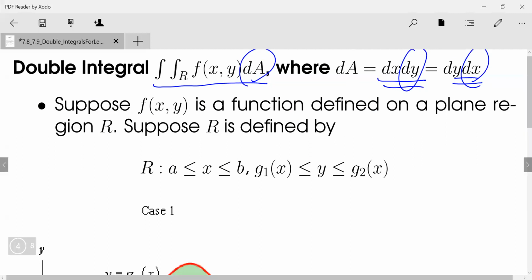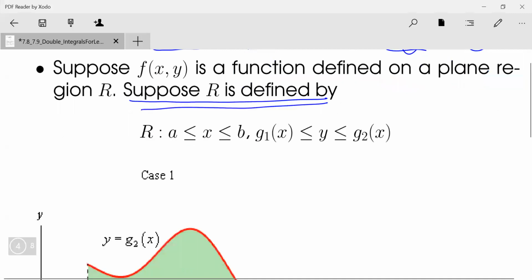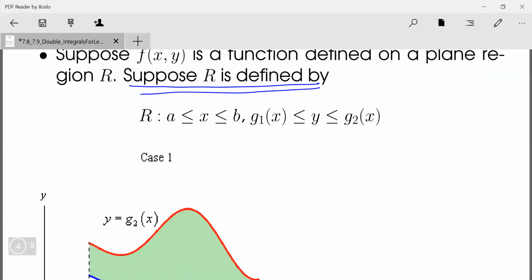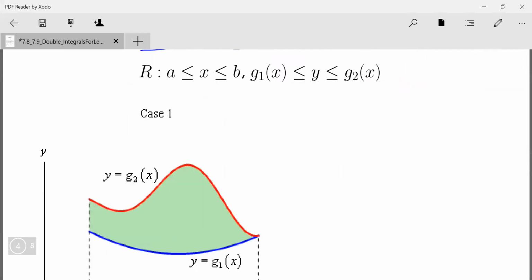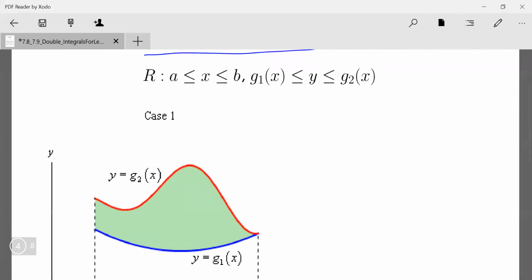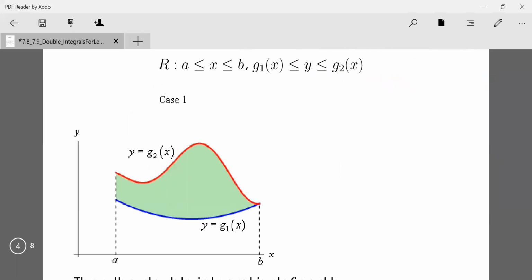the R here is defined by the following inequalities. Okay, so let's see the first one. R is a region in the plane.